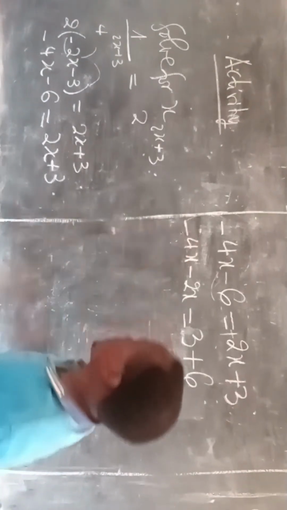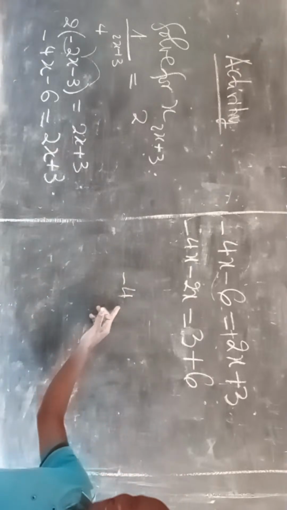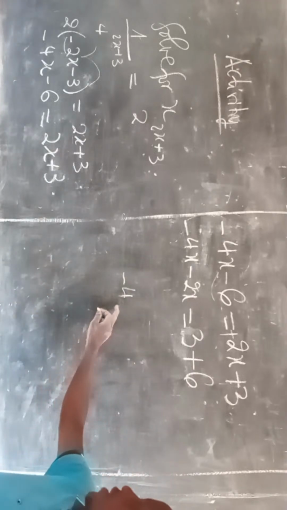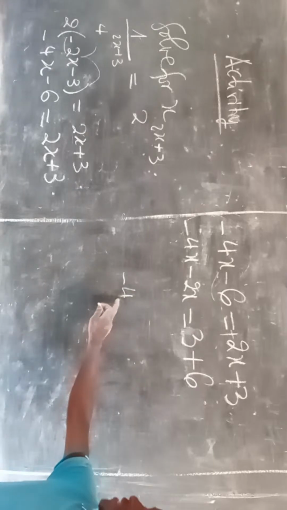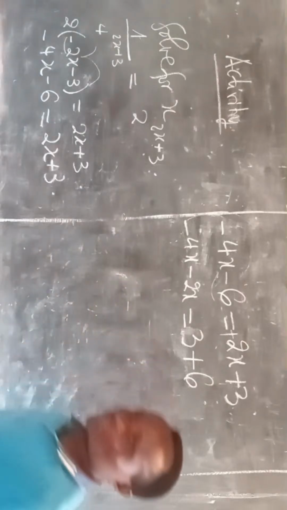Now, in algebra, if you have a debit of someone, minus 4 francs, for example, let me use francs.